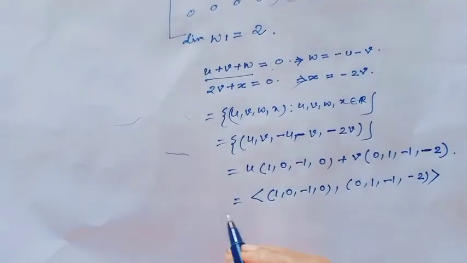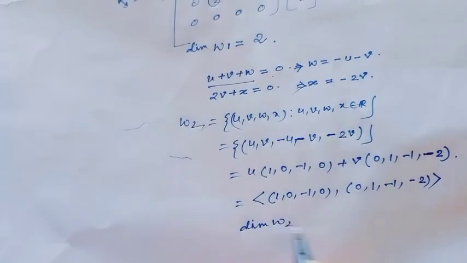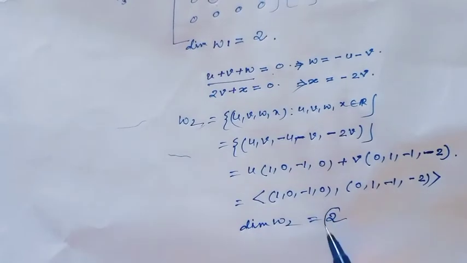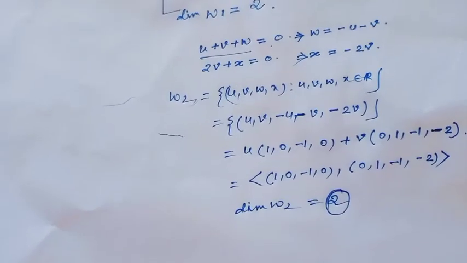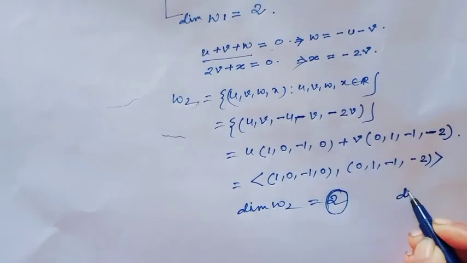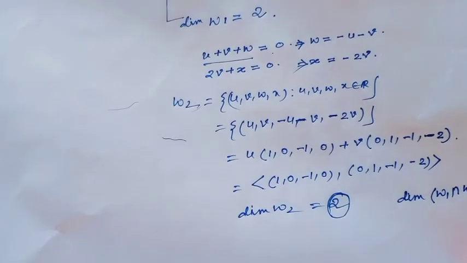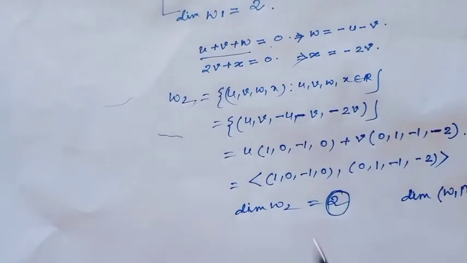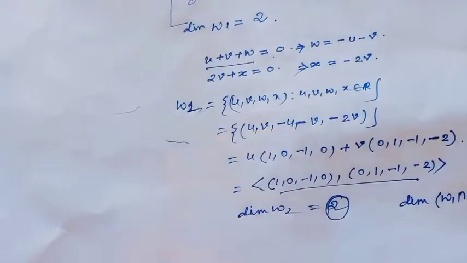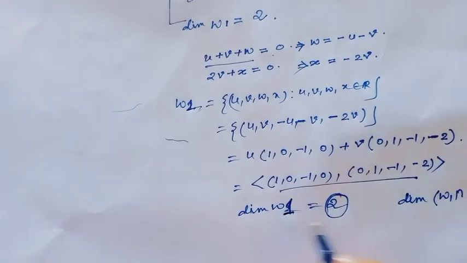Have you understood? That means the dimension of W1 is, since this is generated by 2 vectors, 2. Sorry, here W1, dimension of W1 is 2.